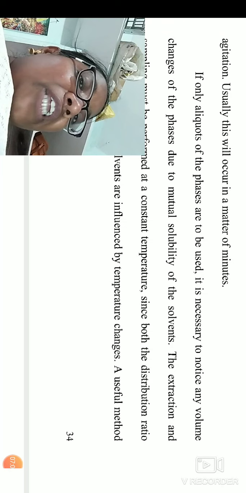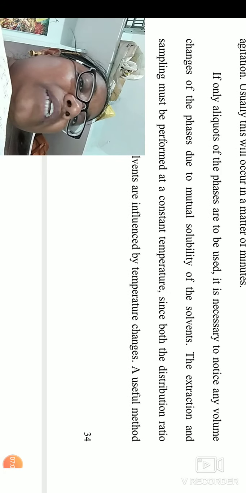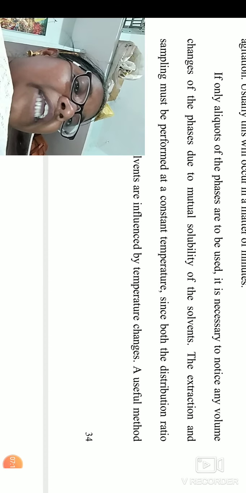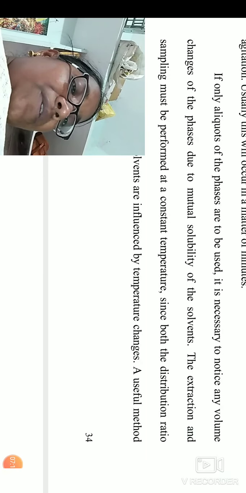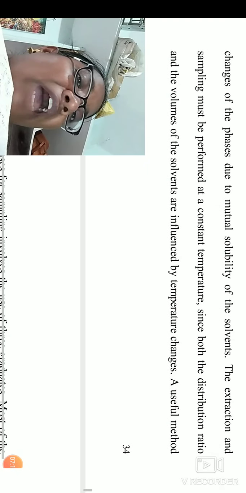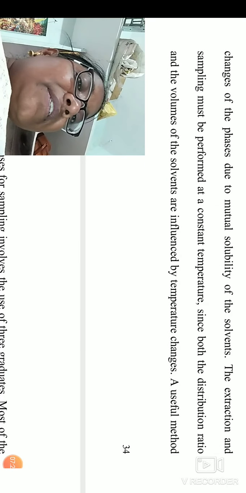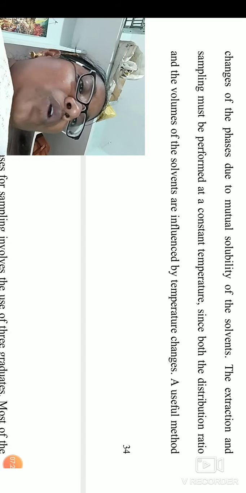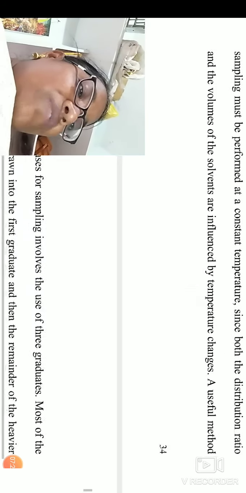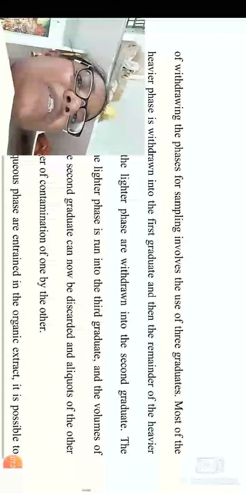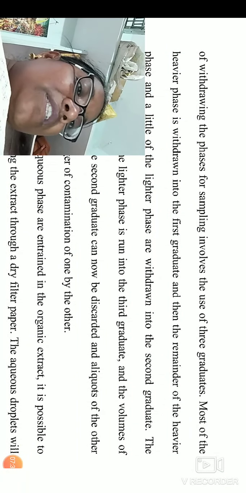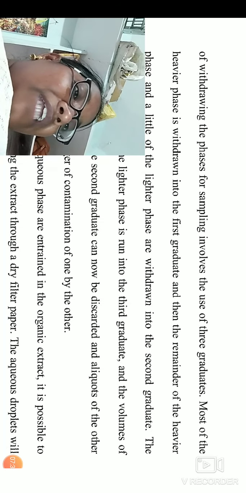The extraction and sampling must be performed at a constant temperature, since both the distribution ratio and the volumes of the solvents are influenced by temperature changes.